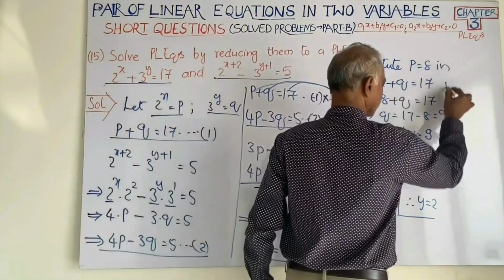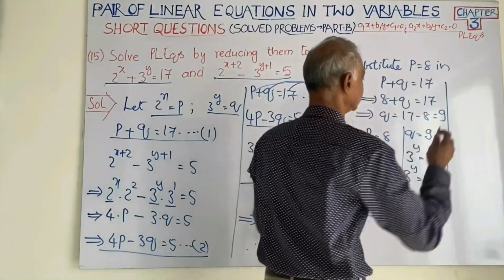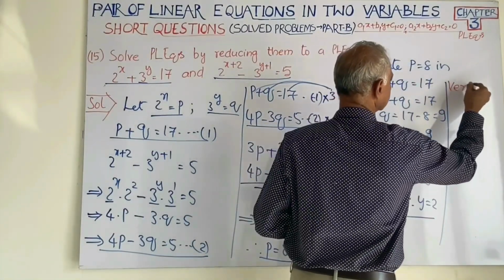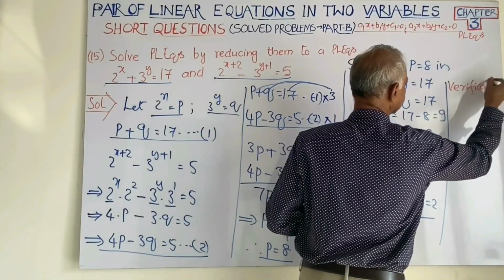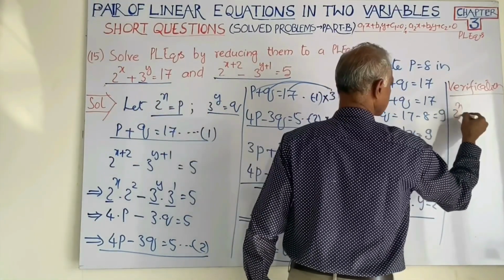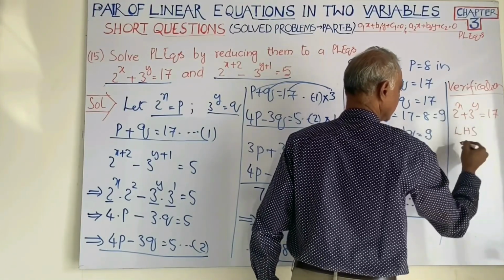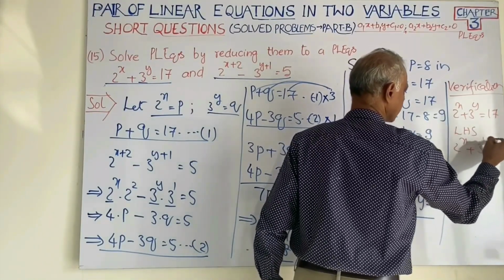Now, verification. I will do verification here. I will take 2 to the power of x plus 3 to the power of y is equal to 17. What is LHS here? 2 to the power of x plus 3 to the power of y.